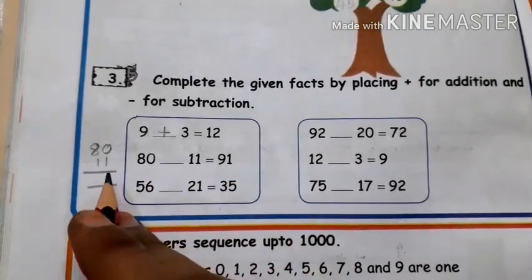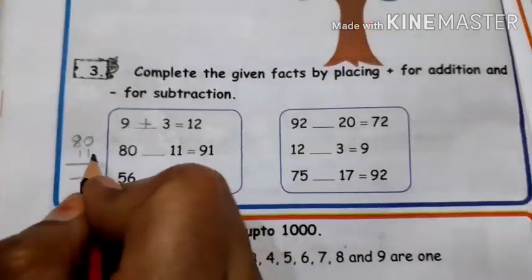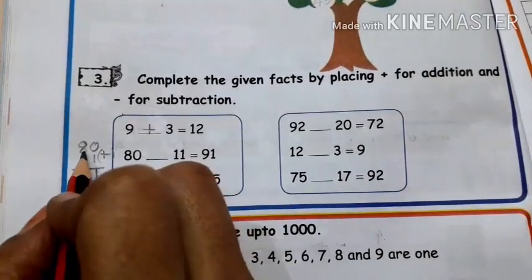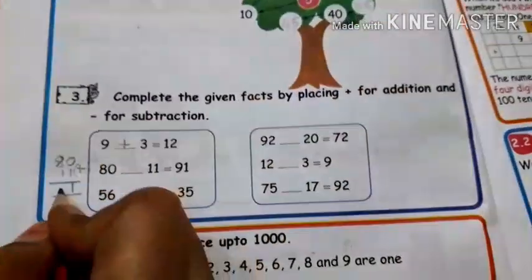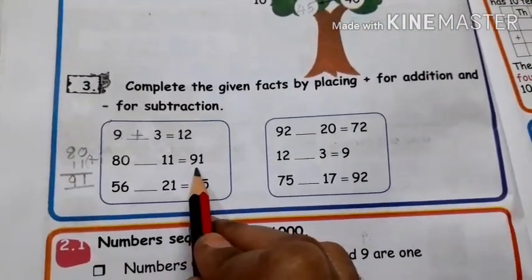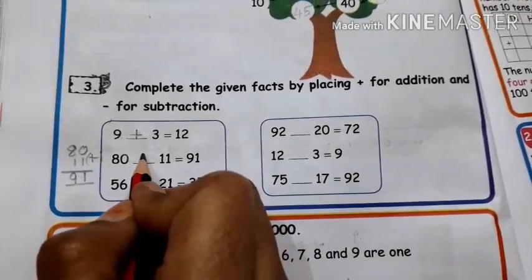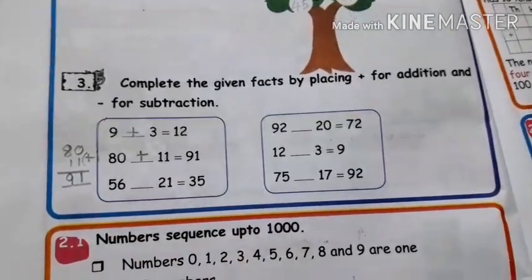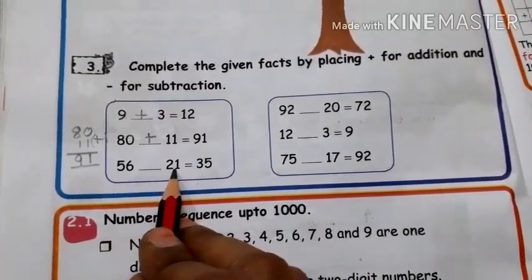So first do addition. 0 plus 1, 1. 8 plus 1, 9. So 91. See whether the answer is correct or wrong. Yes, correct. So what symbol do you have to put? Plus. Okay.